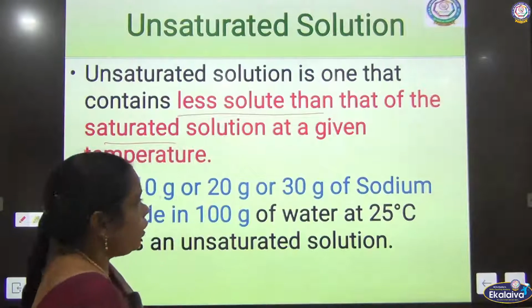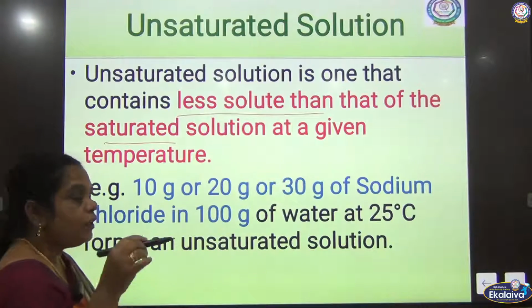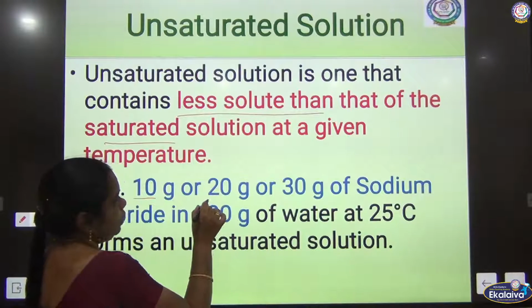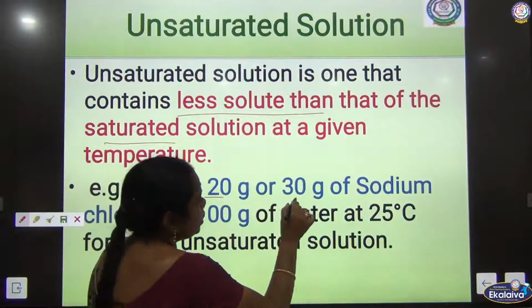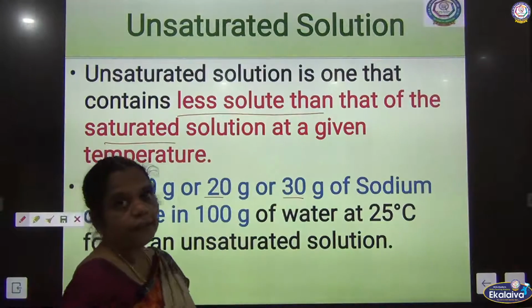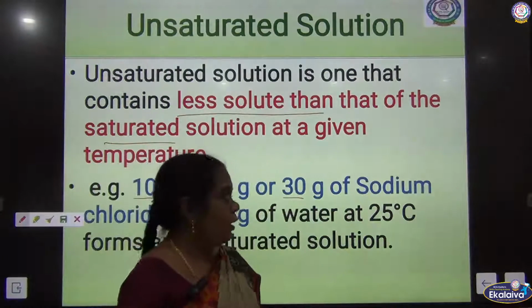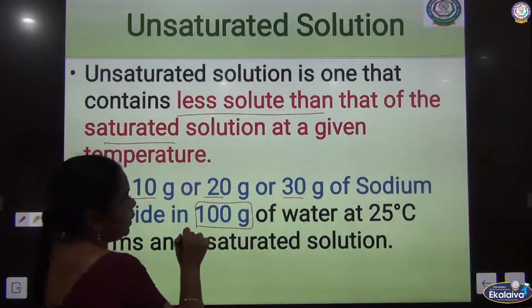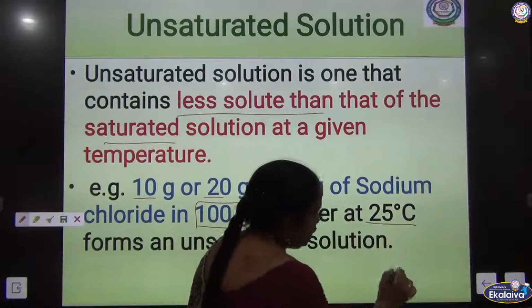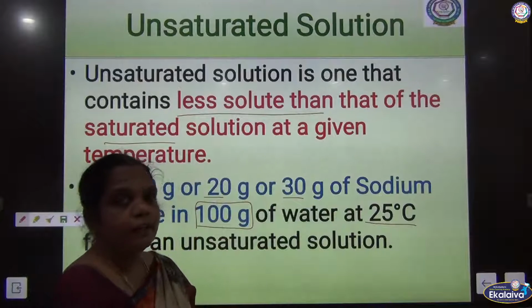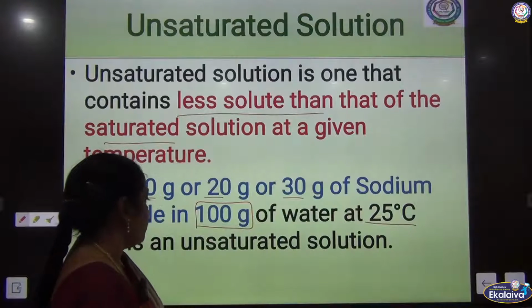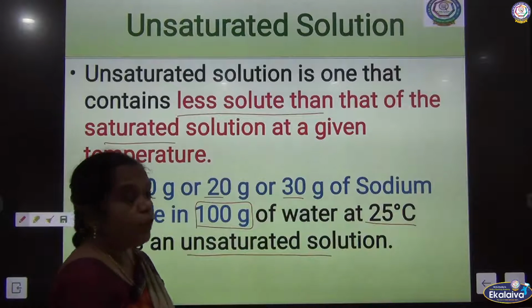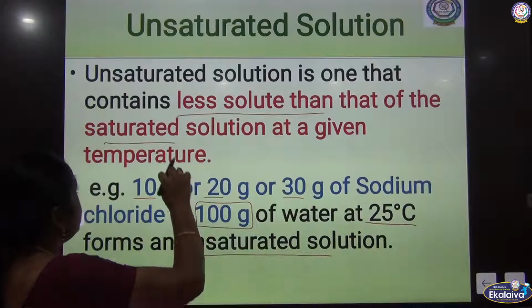So for 36, we can dissolve 10 gram of salt or 20 gram or 30 gram, below 36. This is called unsaturated solution in 100 gram of water at 25 degree Celsius.